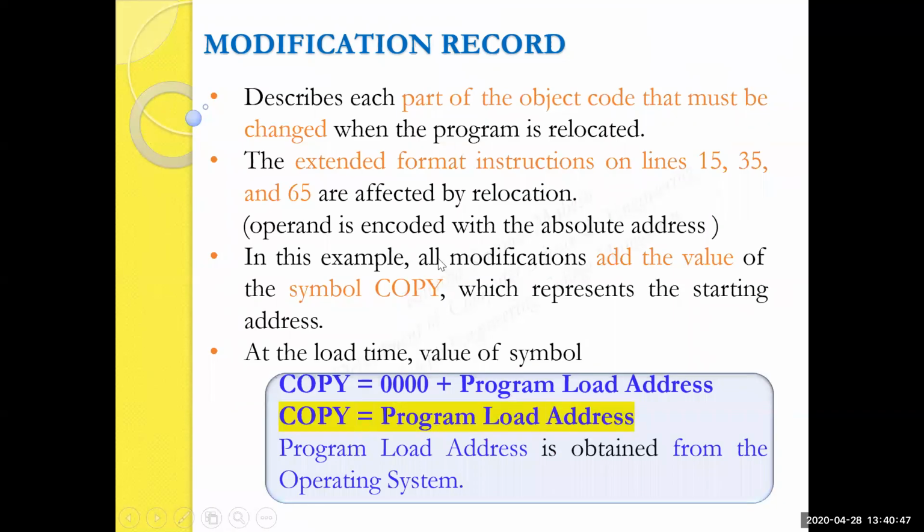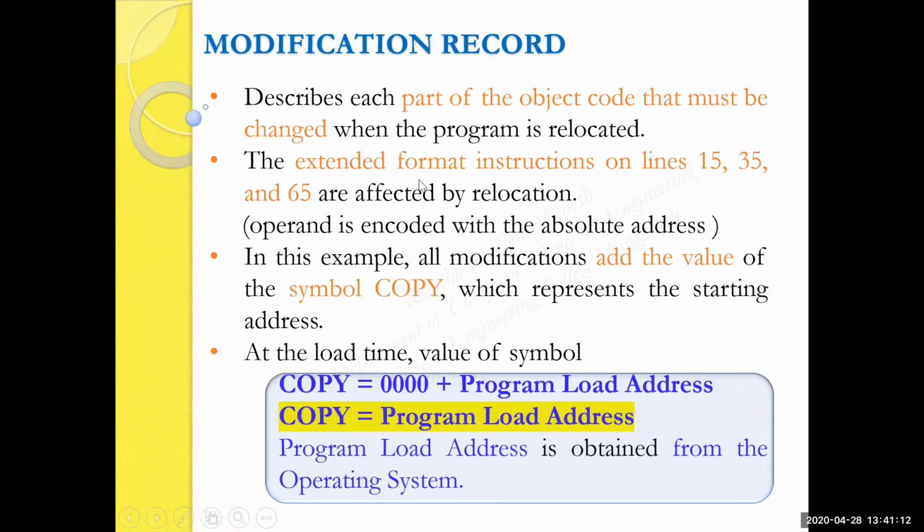So just now we have seen that the modification record can be used to identify to the loader those portions of the object code that require modification in the object program. And we have seen that the modification record describes the part of object code that has to be changed if the program is relocated, or if the program is attempted to be loaded at a different address.